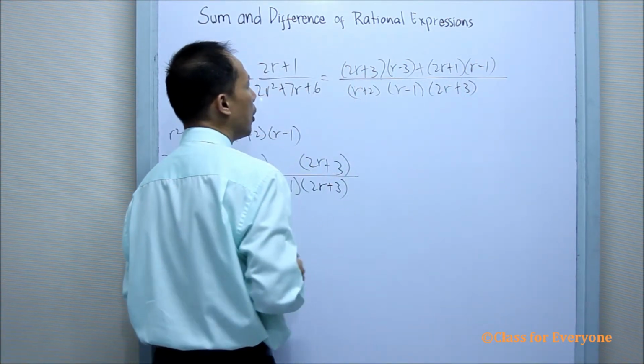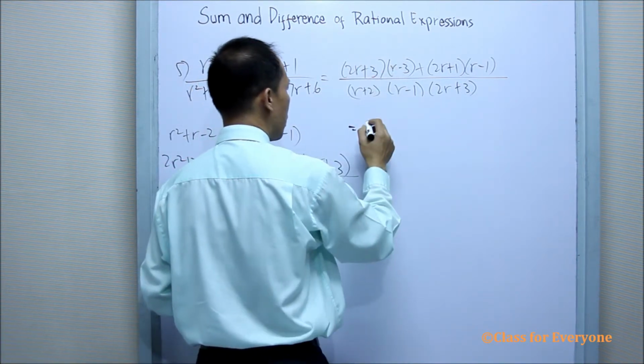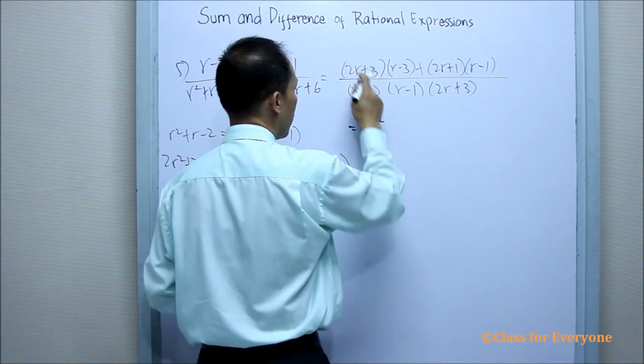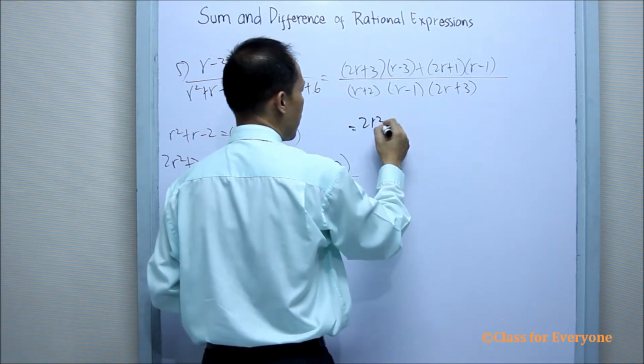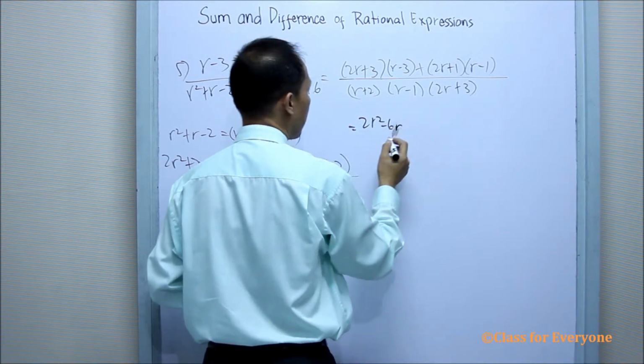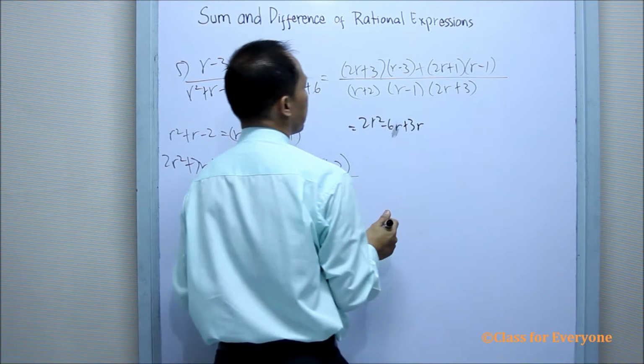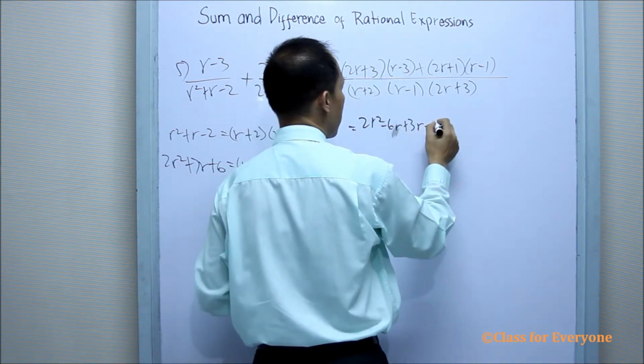Now, use the FOIL. In the numerator, we have 2r times r is 2r squared. 2r times negative 3 is negative 6r. 3 times r is positive 3r. 3 times negative 3 is negative 9.